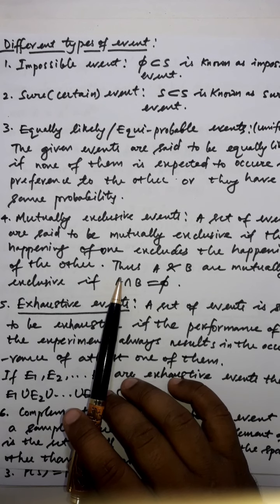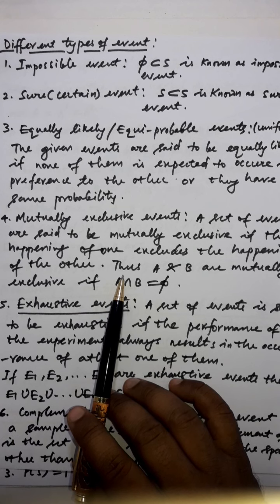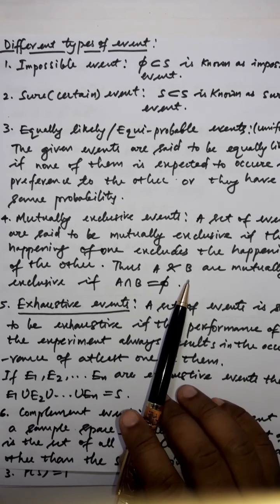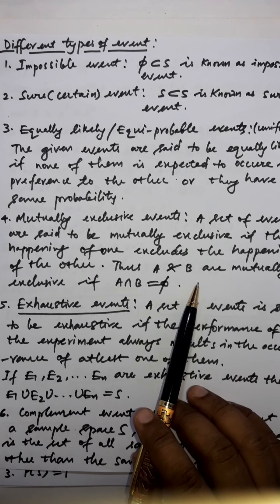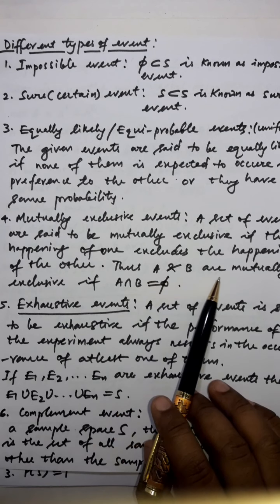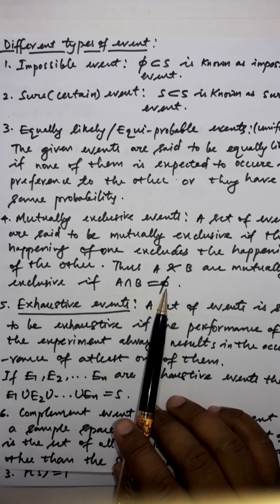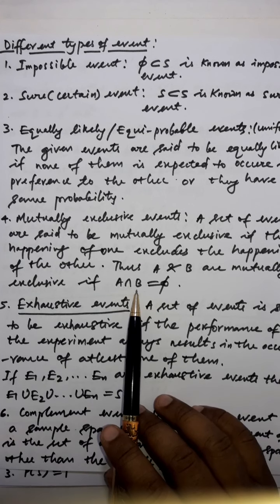That means if one event does not depend on the other event for its happening, or is not affected by the happening of the other event, then those events are said to be mutually exclusive. Mathematically, we can say that if A and B are two mutually exclusive events, then their intersection is phi. That means they are disjoint. They don't share any common elements.